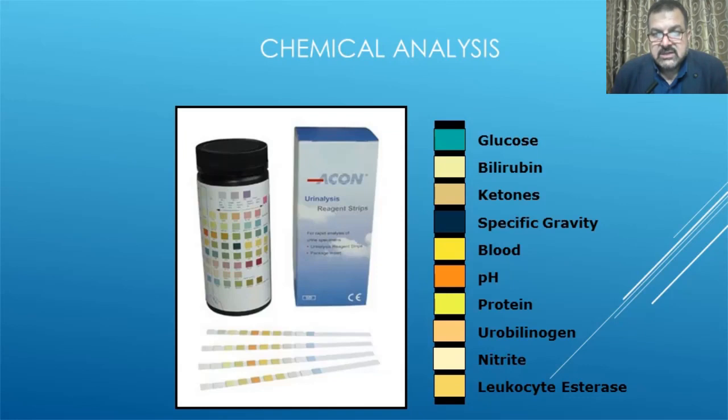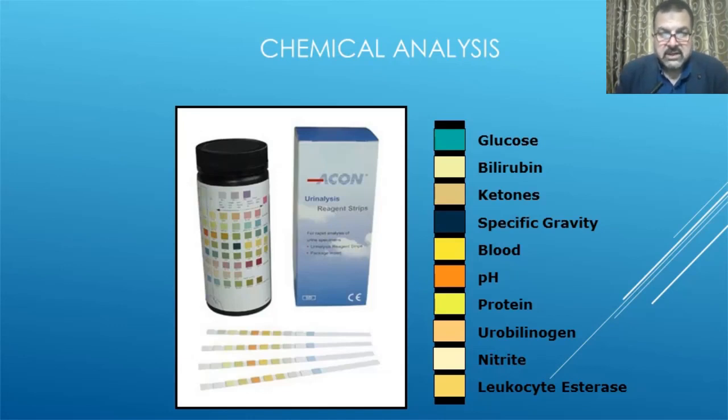For the chemical examination, you have a container which has sticks colored with different colors. After putting the urine in a tube, you put the stick in the urine and compare it with the container. There are grades of colors for each one: glucose, bilirubin, ketones, gravity, blood, pH, protein, urobilinogen, and nitrate.